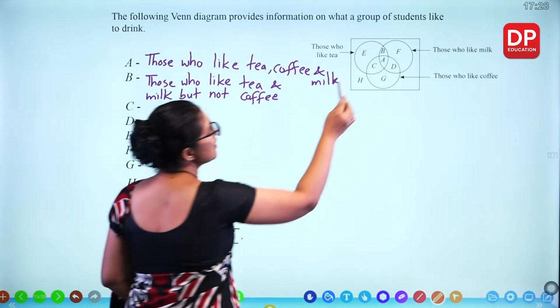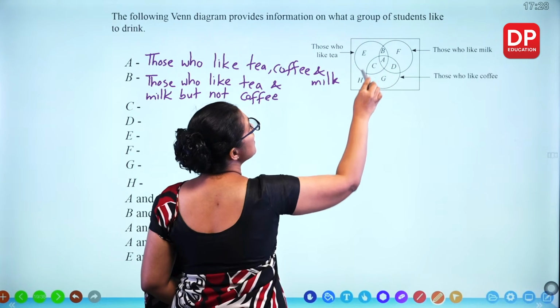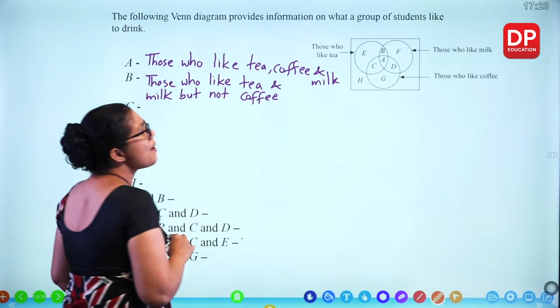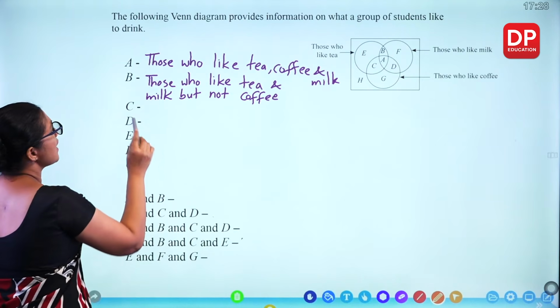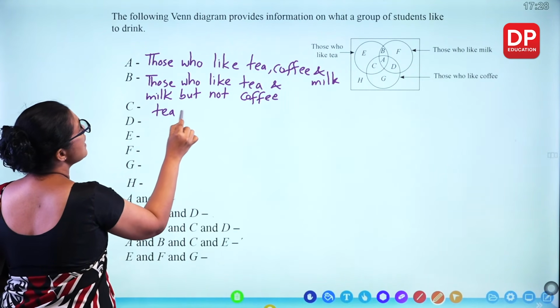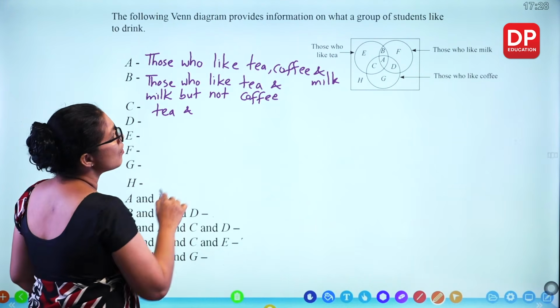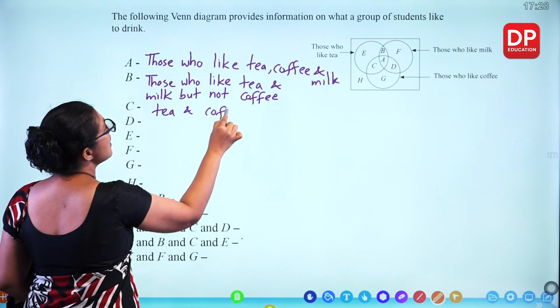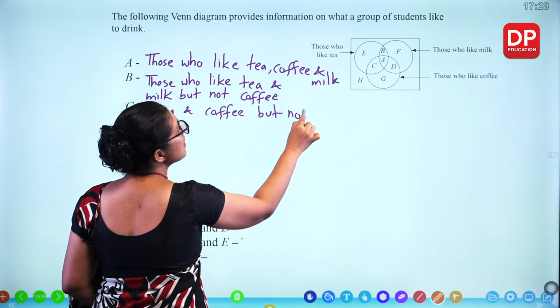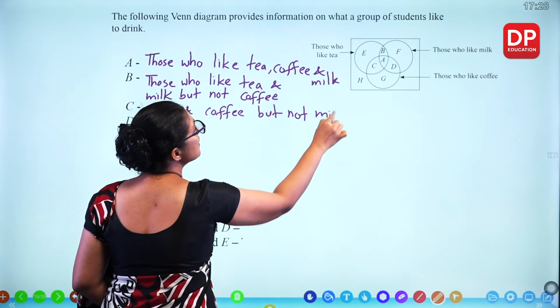C is this region. That means tea and coffee but not milk. So I can write the same thing: those who like tea and coffee but not milk.